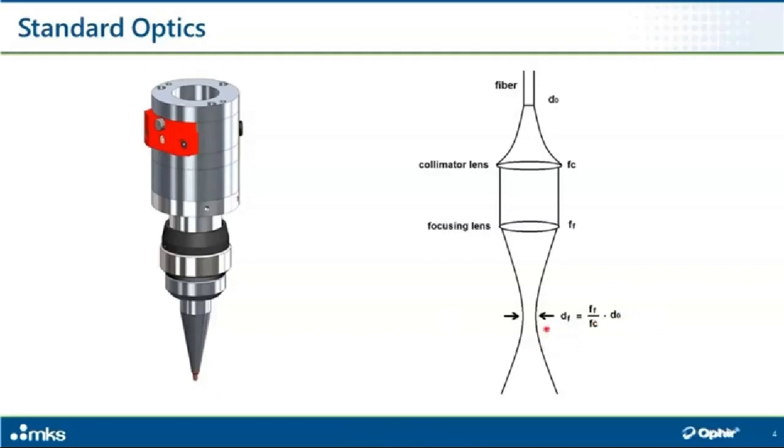So in order to change the spot size of the laser beam, you should change one of the following parameters: either the fiber core diameter, or the collimator lens, or the focusing lens. You must change one of these parameters to fit your cutting conditions.